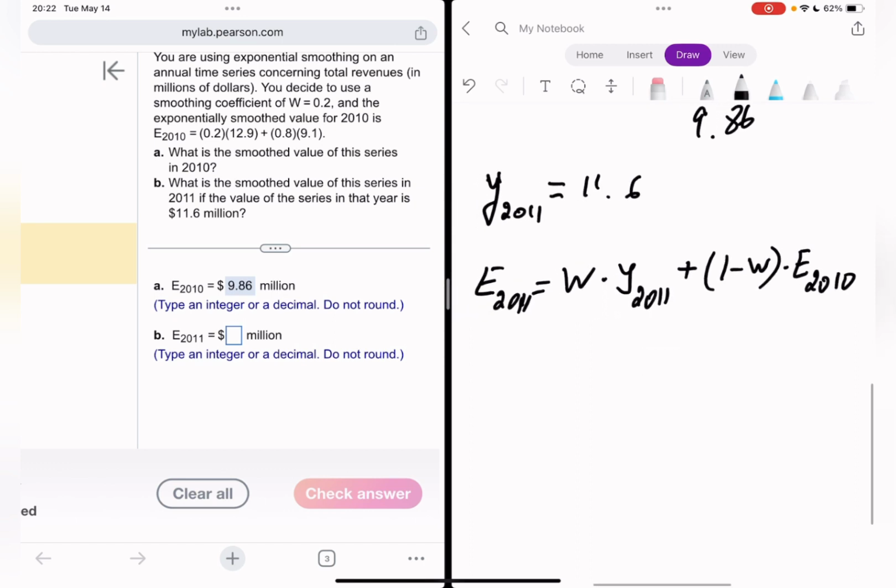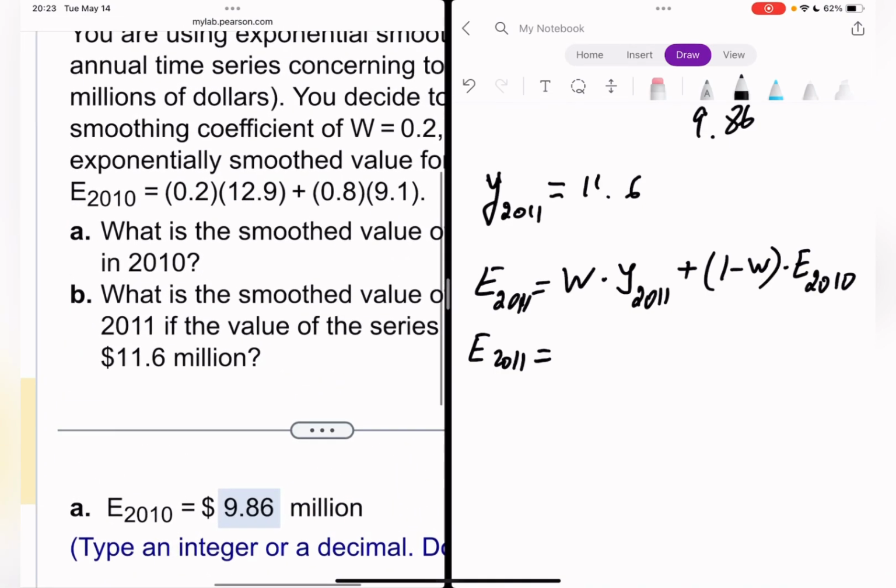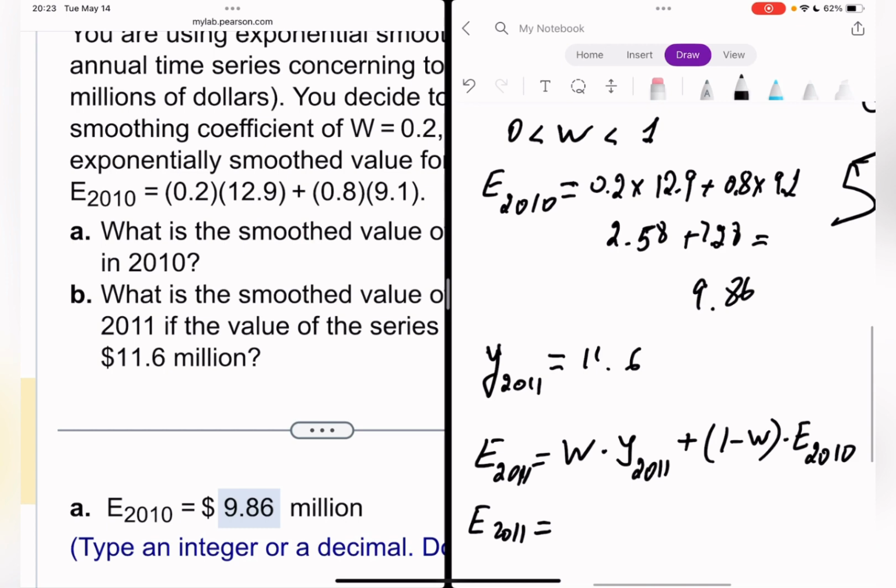Okay, let's see. So E 2011 is going to be equal to, how much is going to be our W? I'm looking at 2010, which is here, W, it's 0.2.